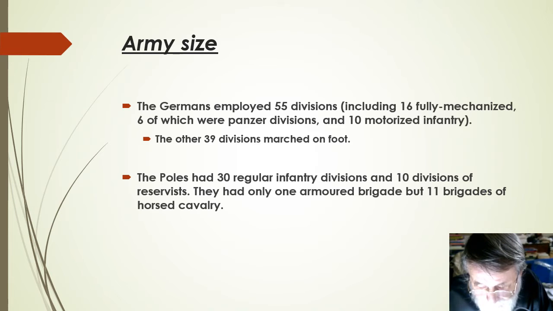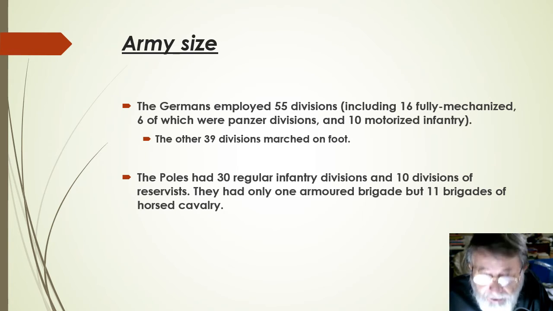Of these, 16 were fully mechanized. These were the best units and comprised only regular soldiers. Of the 16, 6 were panzer divisions made up of tanks with heavy and medium tank units and motorized infantry and artillery, and the other 10 were motorized infantry.